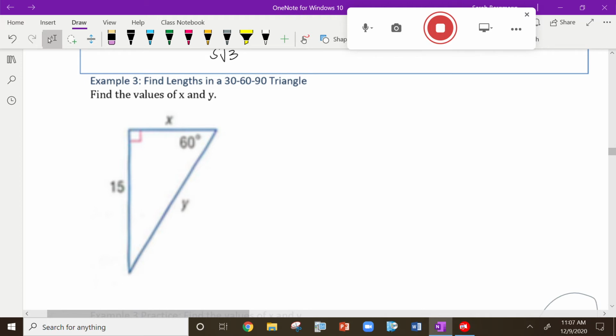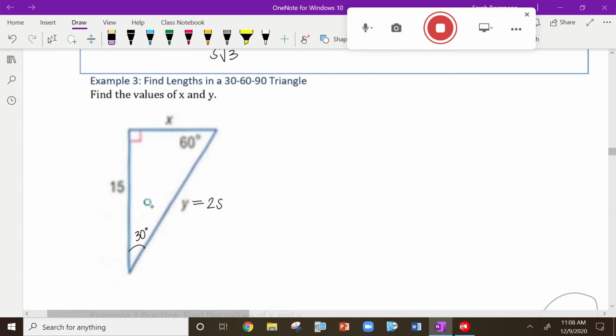So the first step, label each of your sides. So the hypotenuse is always 2s. The side across from the 30-degree angle, in other words, it's the side that does not create the 30-degree angle. So notice that these two sides create the 30-degree angle. The side that is not used to create the 30-degree angle is this side here.